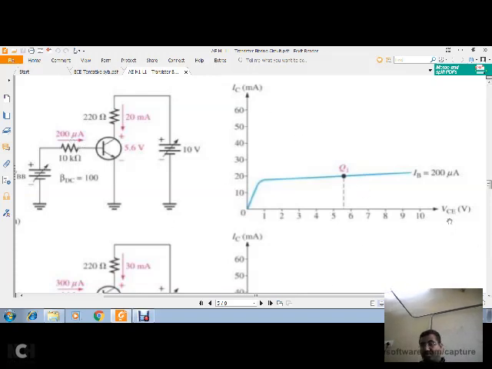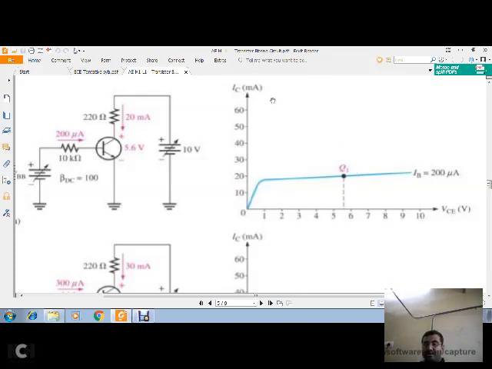It is drawn between VCE and IC for a fixed value of IB. So from the circuit we can see there is a VCE of 5.6 volts. You can see 5.6 comes around here, so you get one Q point. I hope you know how to draw the output characteristics for a given circuit.